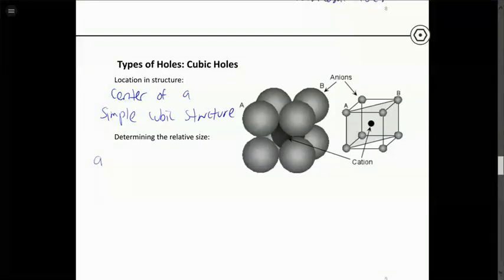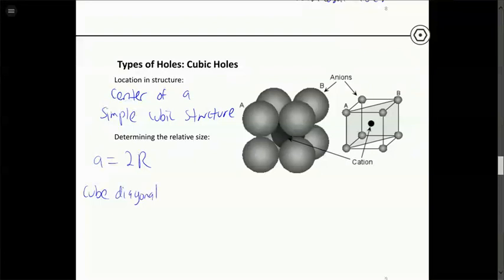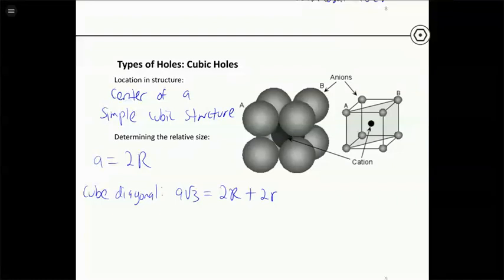So in this case, for a simple cubic structure, a is just equal to 2 times the radius, because as we go from corner to corner, we just go through 2 radii of the larger ion. If we go along the cube diagonal now, because we've placed one in the center, a times the square root of 3, which is the length of a cube diagonal, is equal to twice the larger radius plus twice the smaller radius. Again, as we go from corner to corner, we go through 2 big radii and then 2 radii for the center atom, which in this case is usually the positive charge.